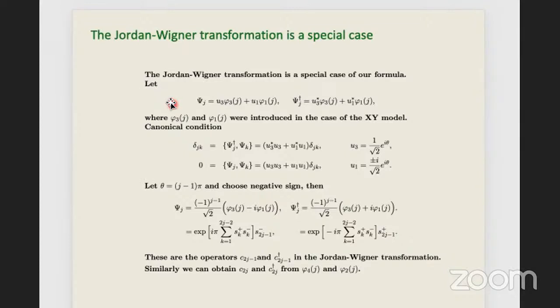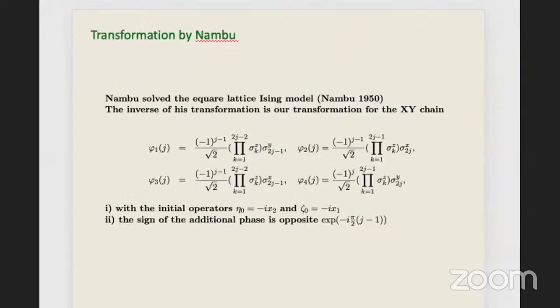Then the coefficients U3 and U1 should have this form. Here, theta is arbitrary. Then we set theta equal to j minus 1 pi and choose the negative sign. Then we have this transformation. This is nothing but the Jordan-Wigner transformation. So the Jordan-Wigner transformation is obtained from a specific series of operators and from a specific canonical transformation. So this is a special case of our formula.